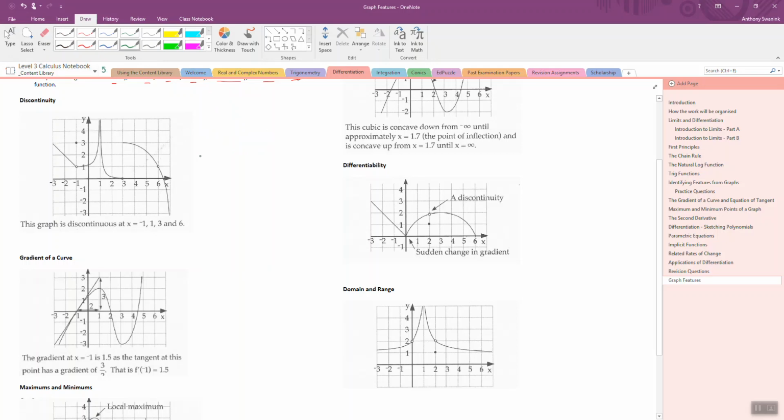Okay, so let's say we have a normal x-axis, normal y-axis, and let's just take a normal function like, say, y equals x squared. A rough sketch of that would look something like this. Okay, let's just go over it a bit more.